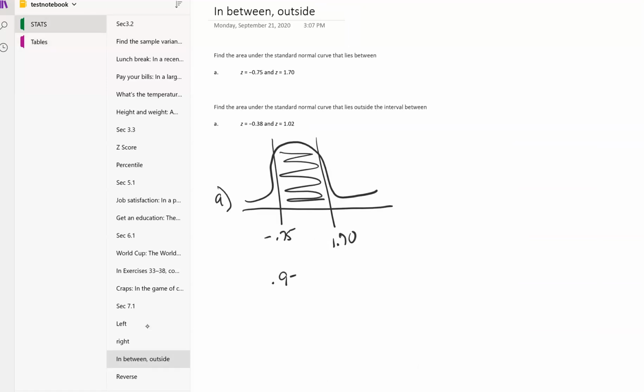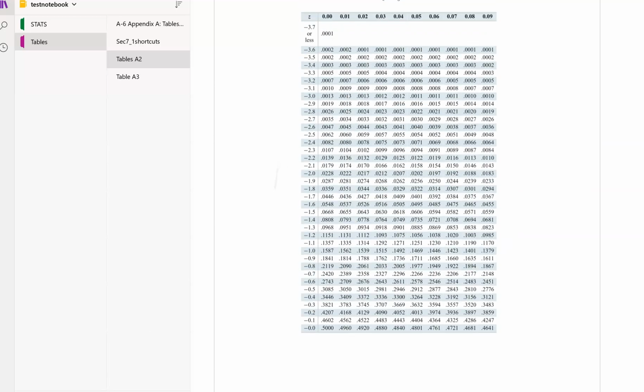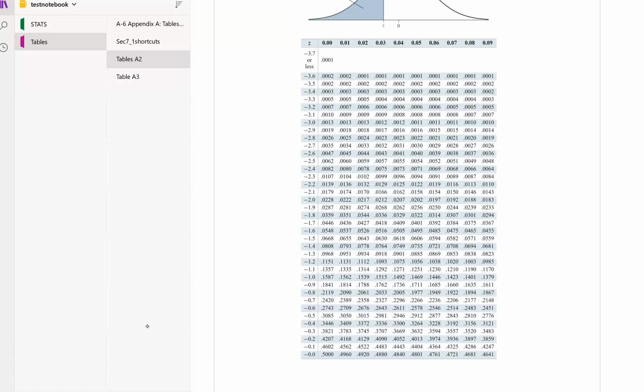So it's going to be 0.9554 minus, now I look up a negative 0.75. Negative 0.7 is here, and the 5 column is here.